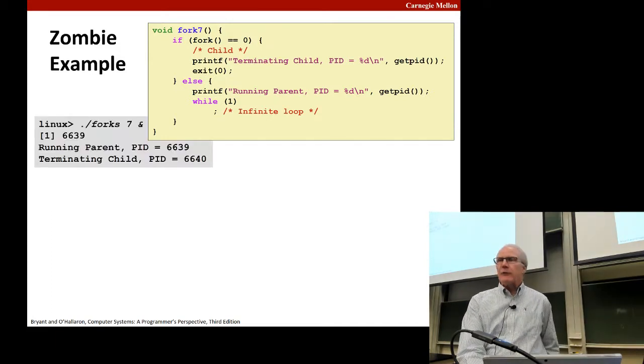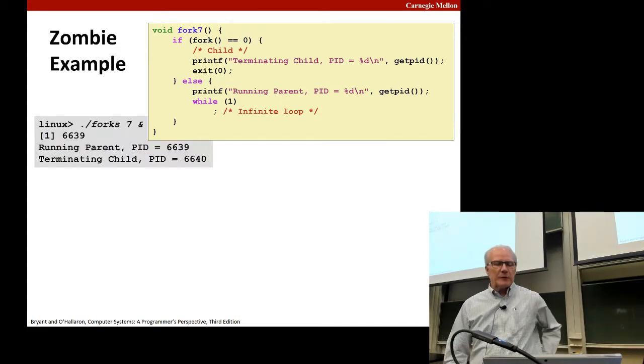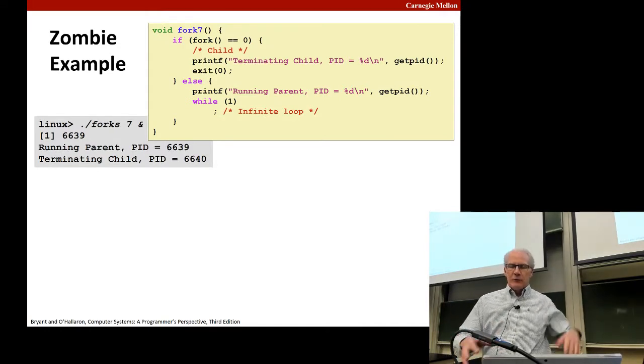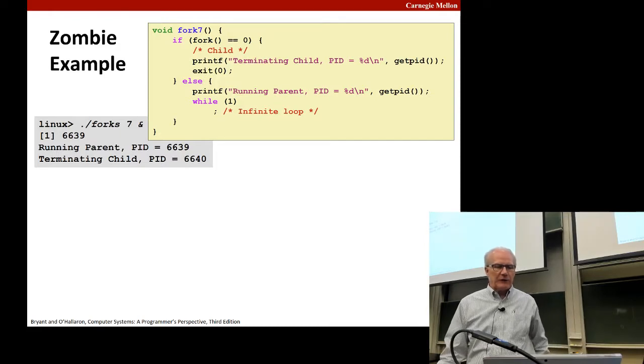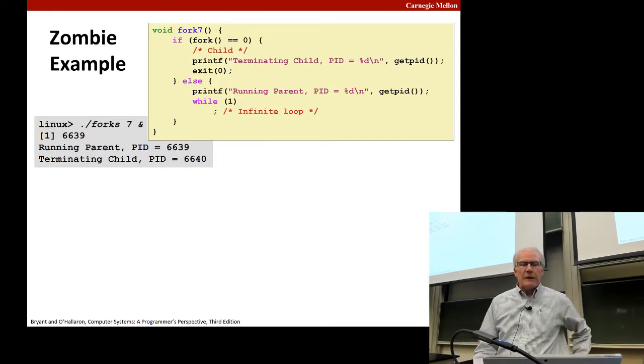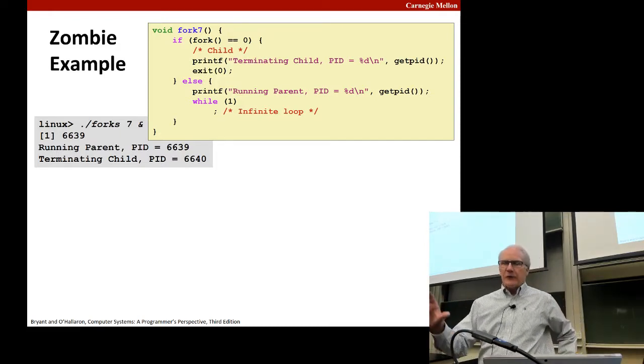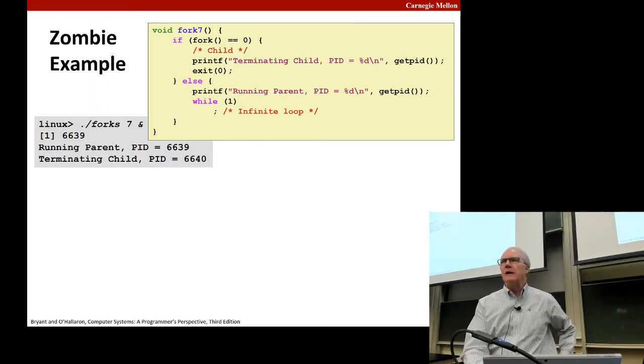And if you run this program, and by the way, I'm going to give up trying to do demos of programs. It seems like it's just too many clicks on a screen and takes too much time. But I recommend all the code for this is on the website, or reachable via the website, all compiled and ready to go on a Shark machine, or you can copy and compile it yourself. I recommend you play with this just to convince yourself that this is really what I say is true.